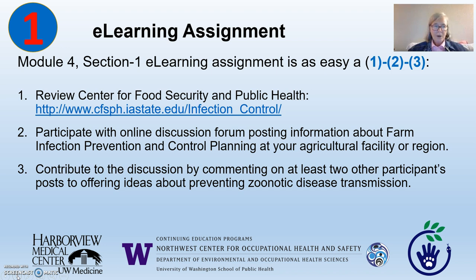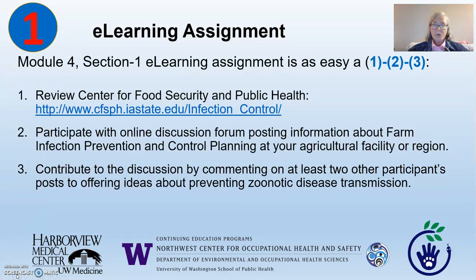And what we have in mind for you to do, just like we've done in the other modules, is take time to review this website, take a look, and then post online your information about farm infection prevention control planning. So this is how you can see you coordinating and organizing planning sessions, even the timelines, those kinds of things that make it really real for your actual facility or one that is in your region.